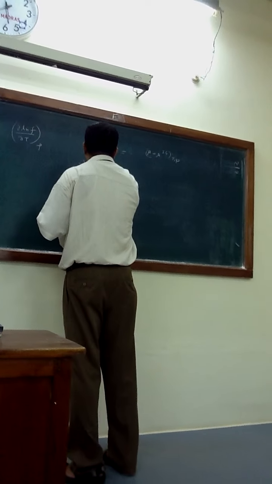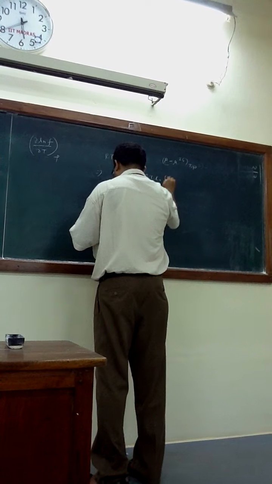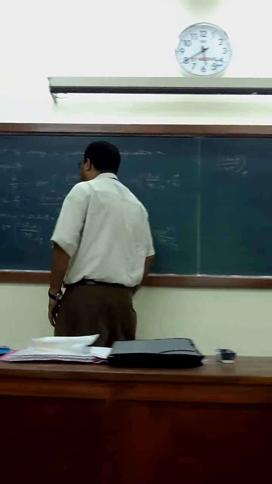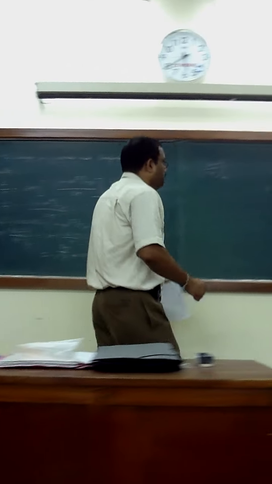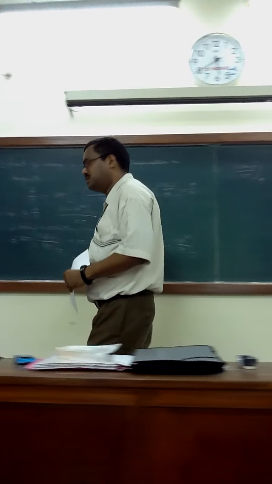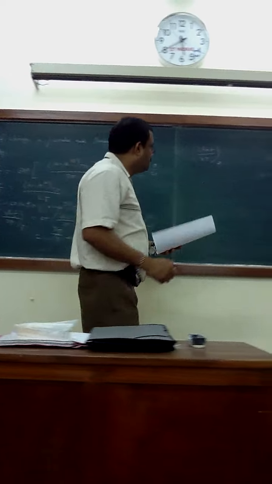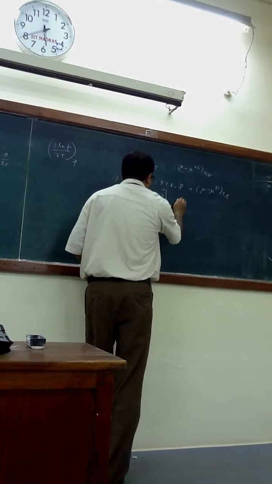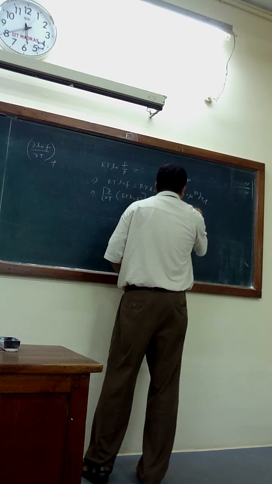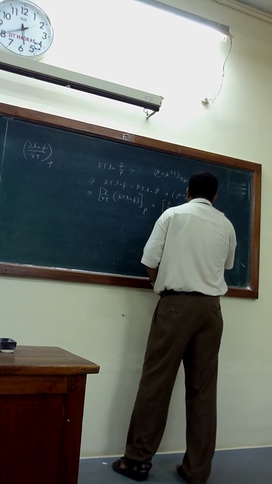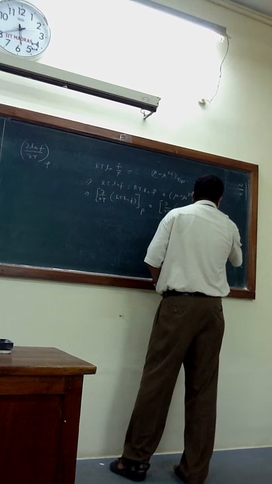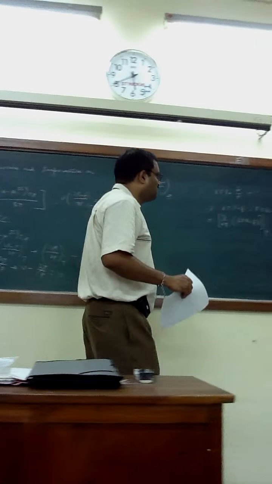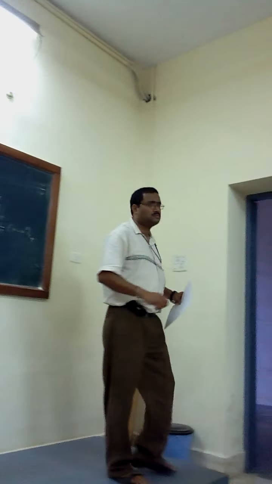If you want, you can write RT ln F equals RT ln P plus mu minus mu Ig, and differentiate with respect to T. The same way: dou T of RT ln F at constant pressure, dou T of RT ln P at constant pressure, dou T of (mu minus mu Ig at T, P).